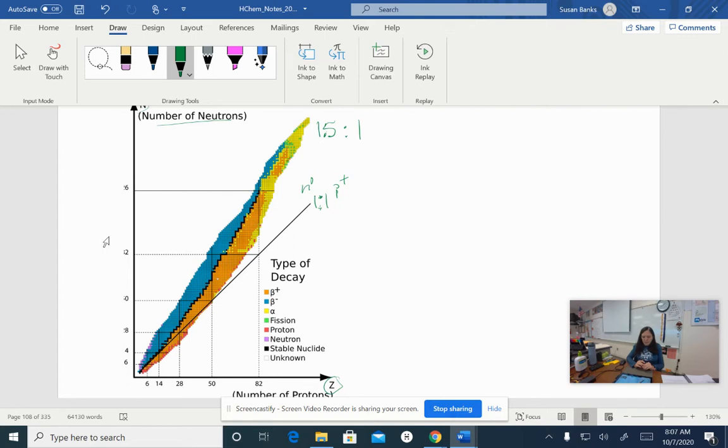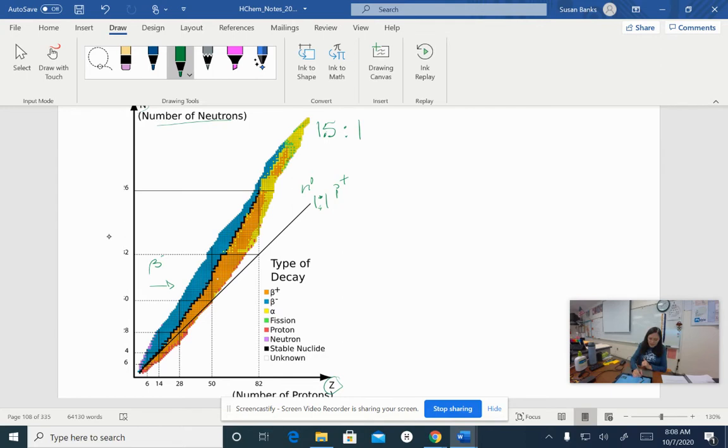Okay? You'll notice also that we have color codes on how things will decay. So if it's blue, we will be doing a beta. So notice blue is basically, we have too many neutrons. So that neutron has to turn into a proton to make it stable.